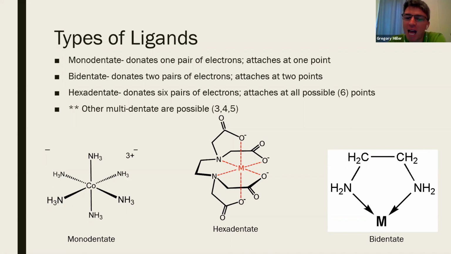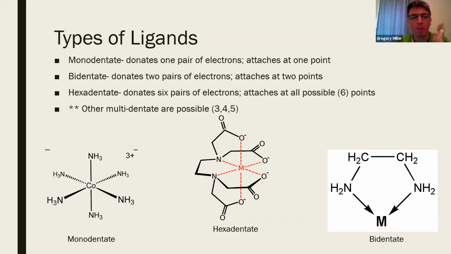And the number of times it attaches tells you what type of ligand it is. For example, monodentate, bidentate, tridentate, tetradentate, pentadentate, hexadentate are all different types of ligands. And all that changes is that prefix, and it's the same kind of prefixes you've been learning. Mono is 1, bi is 2, hexa is 6, and so on and so forth.